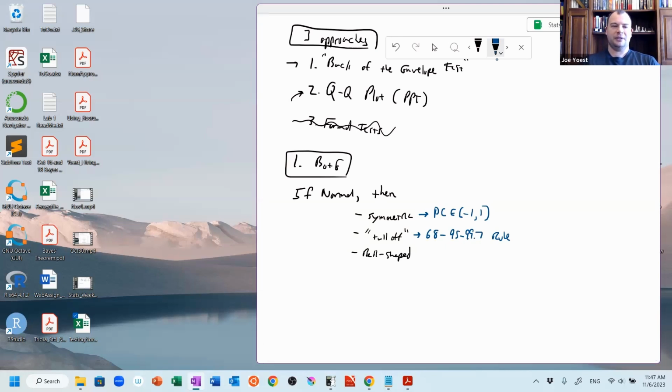If I look at the proportion of data points that are within one sample standard deviation of the sample mean, then I expect that to be about 68% of the sample size. Similarly with two standard deviations and 95%, 3 and 99.7%. And then bell shape, just looking at the histogram.